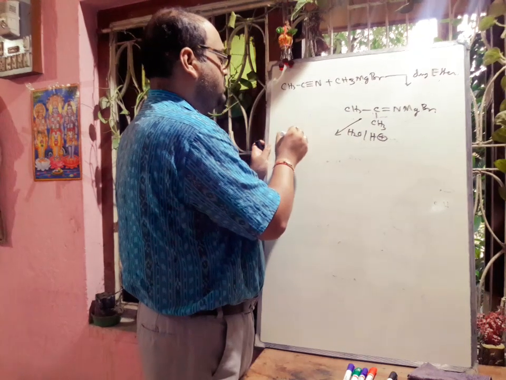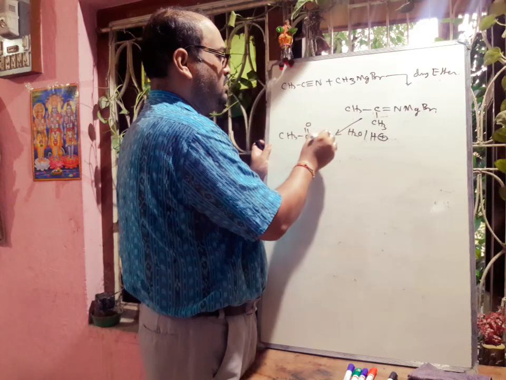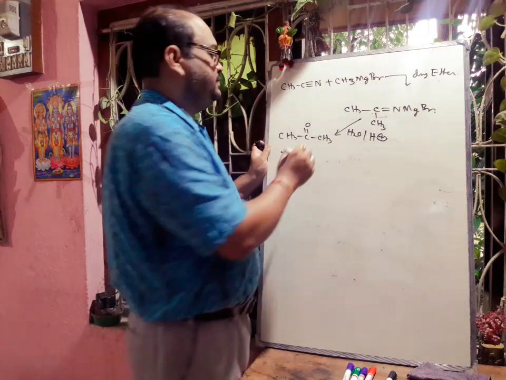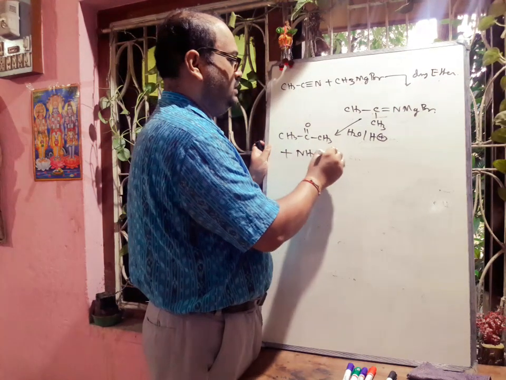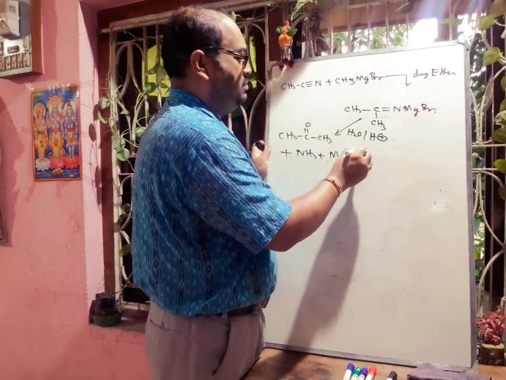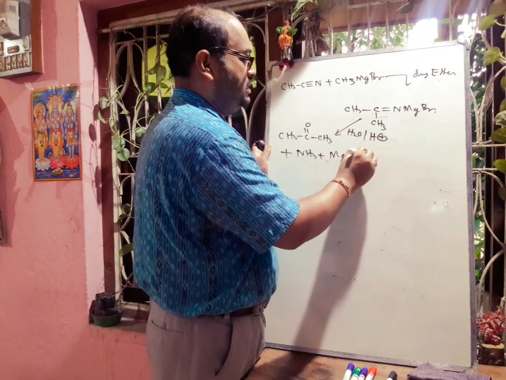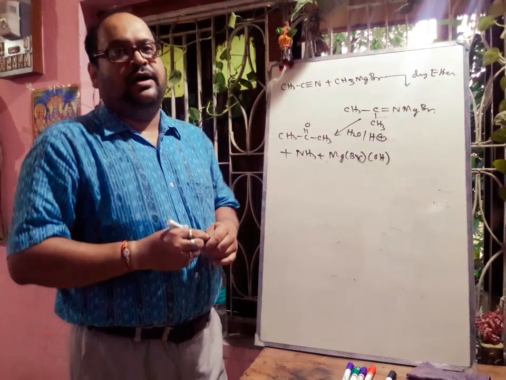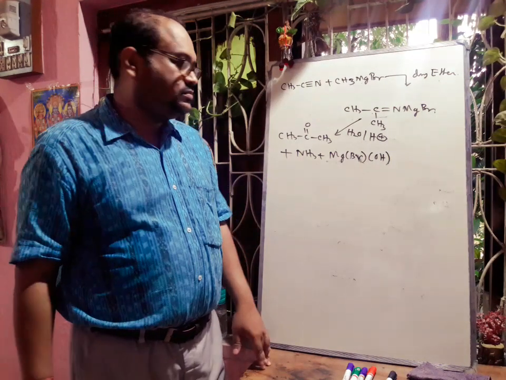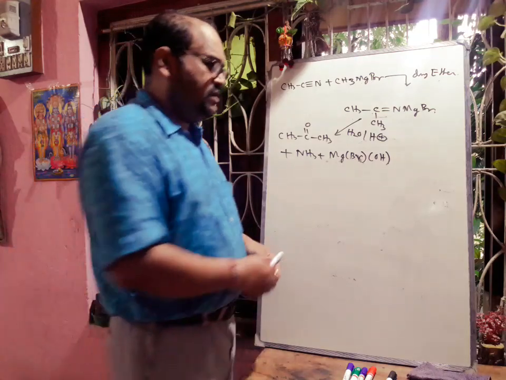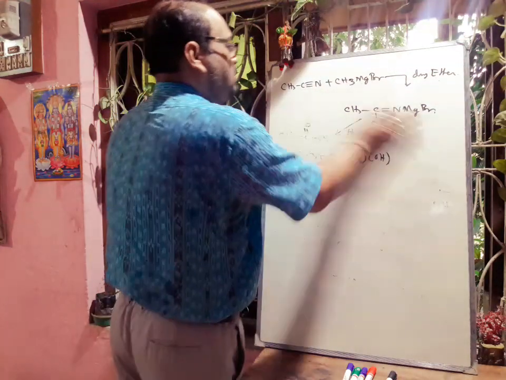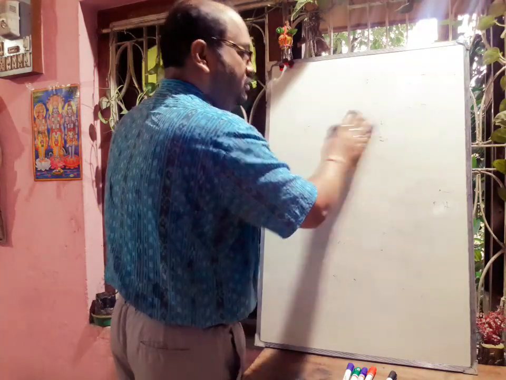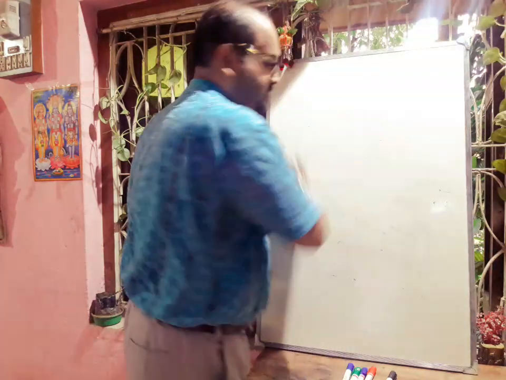Then it will produce acetone, that means ketone, plus there will be formation of ammonia plus magnesium bromohydroxide. So in this way we can prepare ketones. This is one of the very useful methods. So the preparation methods of aldehydes and ketones are completed.